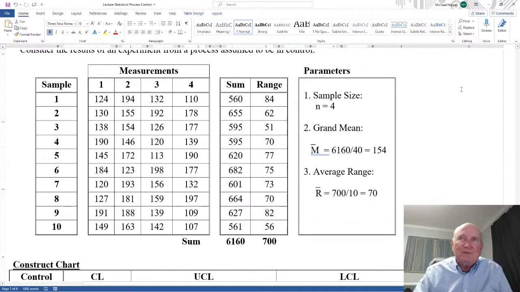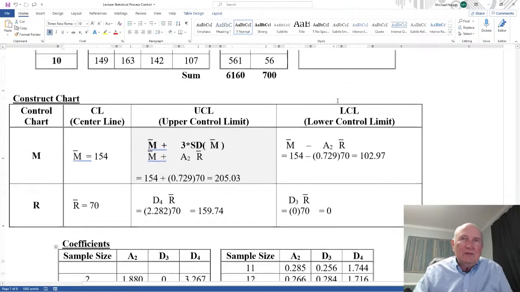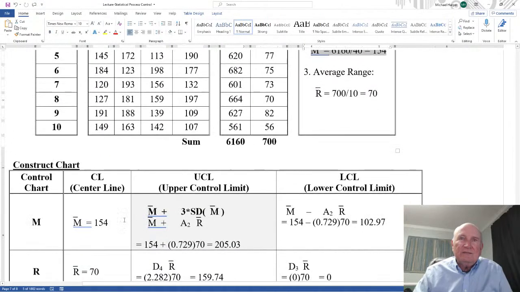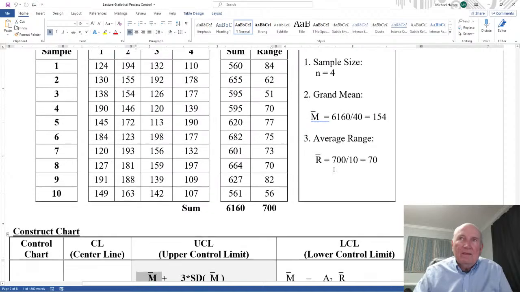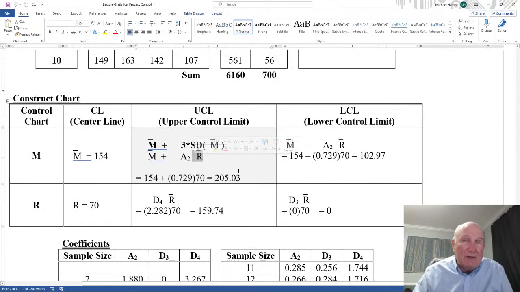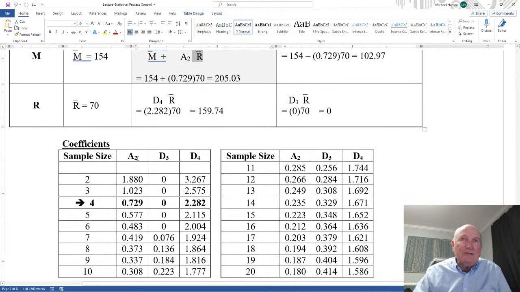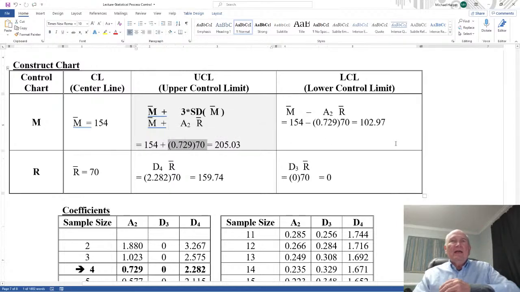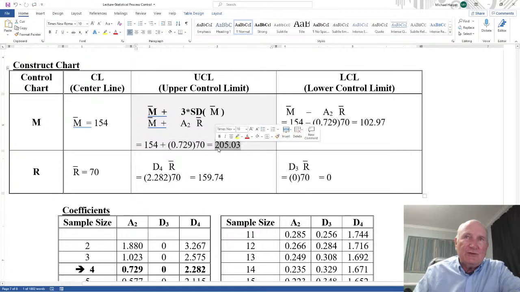And that's why the sample size is a parameter, because the mean here is the center line, the range here is the measure of variability, and the A2 for the sample size is a coefficient that estimates the variability, which is the 3 standard deviations of the mean. Then you multiply those, add them, and there's your upper control limit. That's really all there is to it.